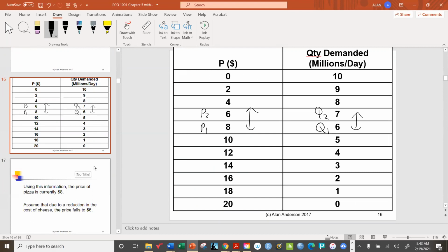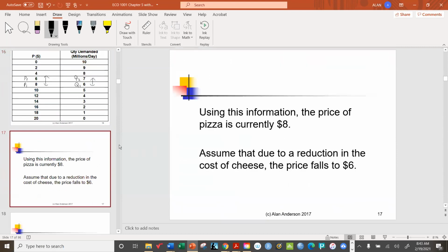Okay, so what we're basically doing here is we're moving from the first point, which was 8 and 6, and now we're at 6 and 7. So we'll think of this as point 1, this is point 2.